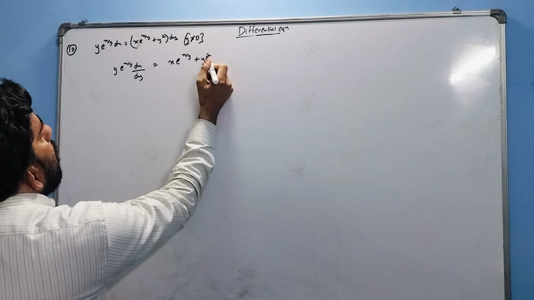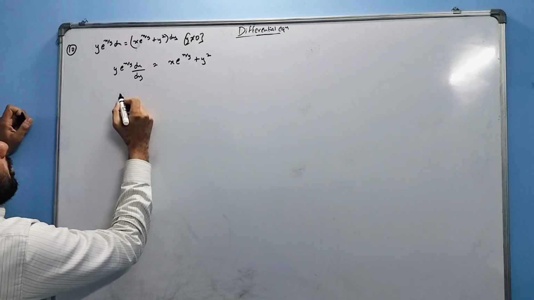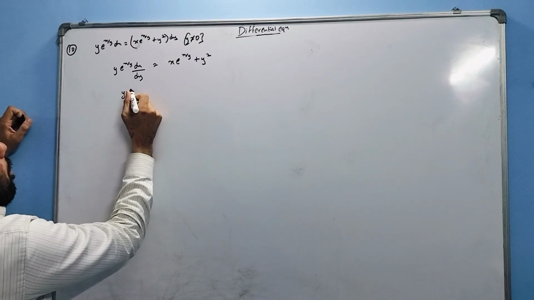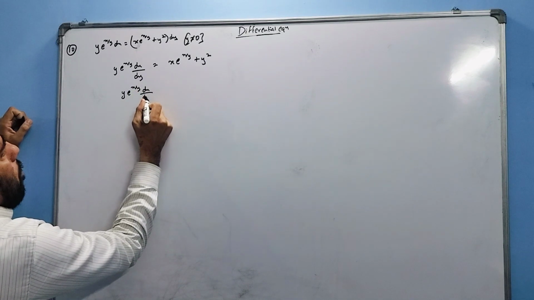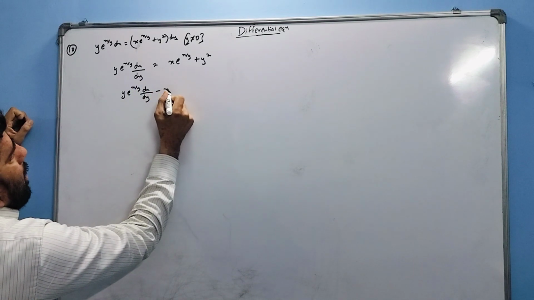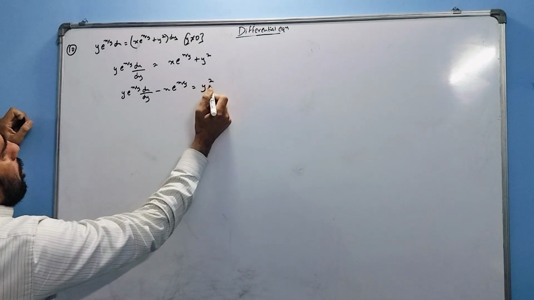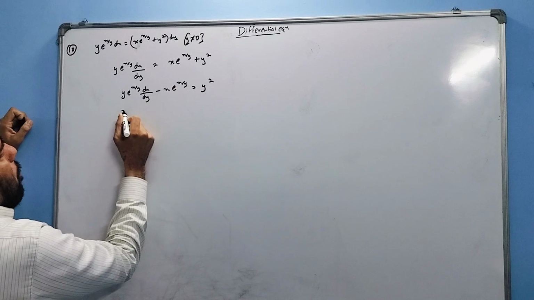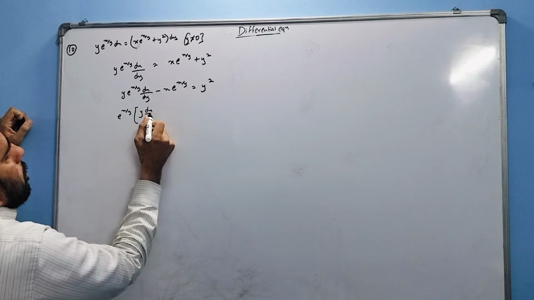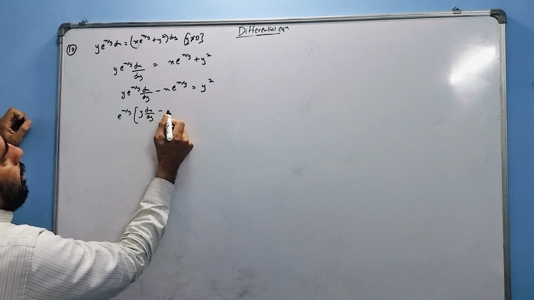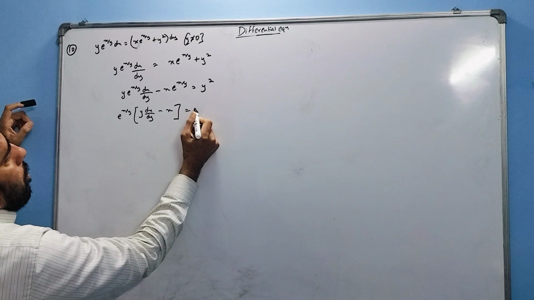Now I can take this side common: y e raised power x upon y dx upon dy minus x e raised power x upon y is equal to y square. Now take e raised power x upon y as common: y dx upon dy minus x, is equal to y square.